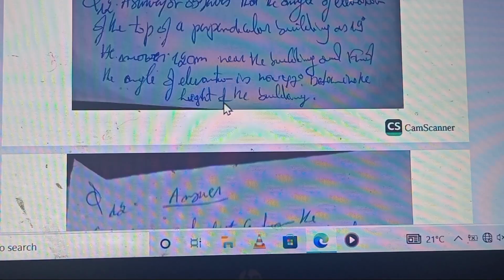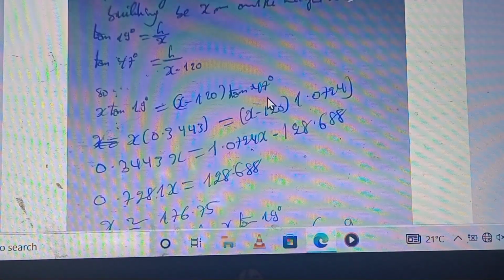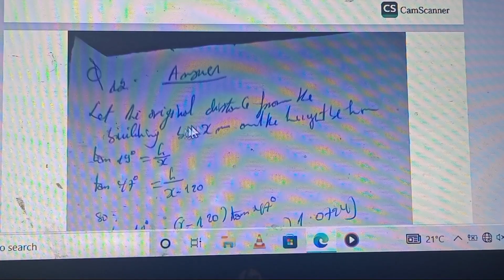Determine the height of the building. So the answer: the original distance from the building will be x, and the height of the building we consider as h. Then by using tan 19, that is the angle, is equal to h over x.